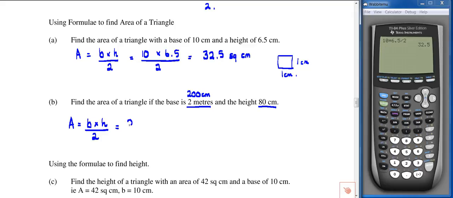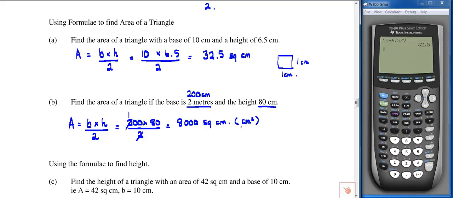Let's write that down: 200 multiplied by 80 over 2. Those 2's will cancel out, so I've really got 8 and 3 zeros, and that answer is in square centimetres. Sometimes it's written as centimetres squared, so be on the lookout for that.